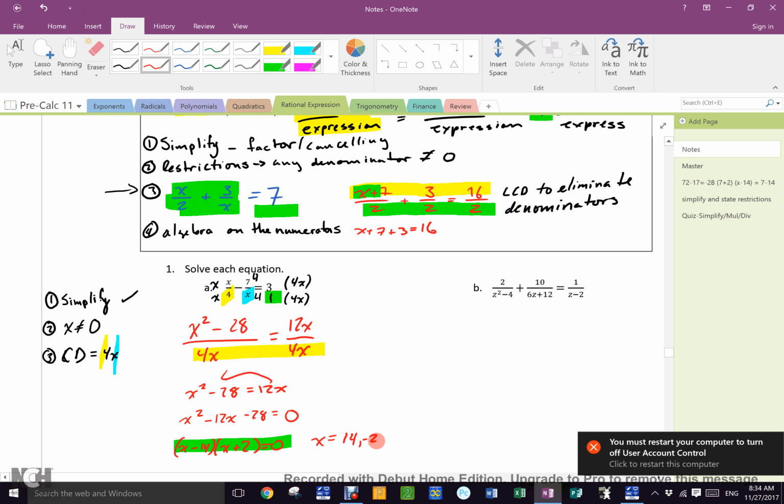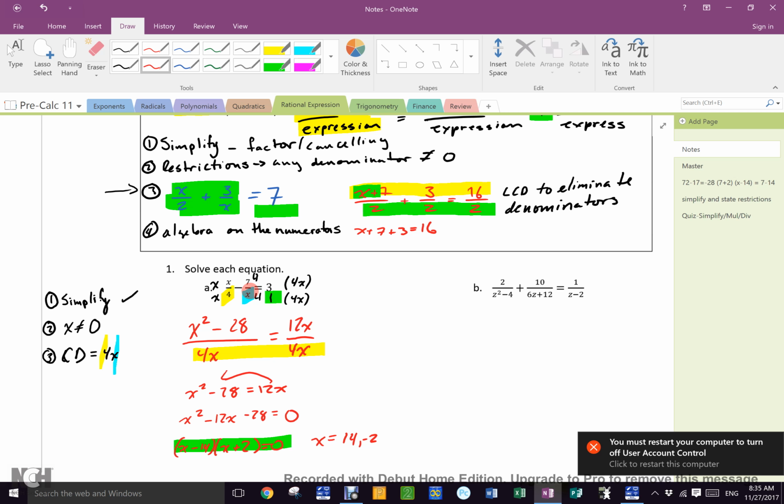Now, does that work with our restriction? Is x allowed to be 14? Yes. Is x allowed to be negative 2? Yes. Should we check? It takes 2 seconds. Well, it doesn't really. It takes a little longer than that. But we know we're right, yes?